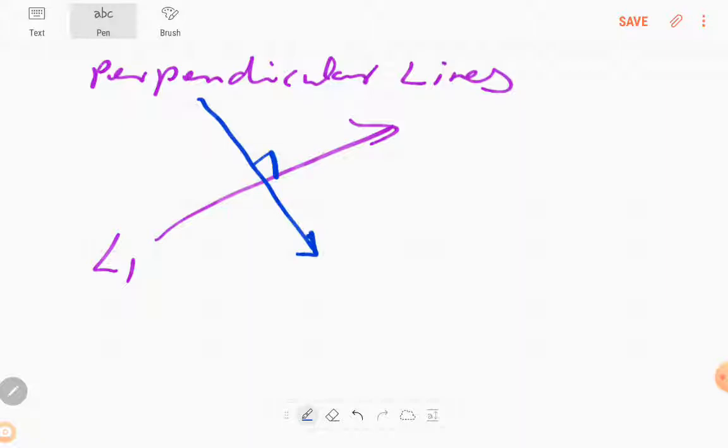Now, for the slopes of the two lines, when we have perpendicular lines, if you multiply the slopes of these two lines together, they're going to equal negative 1.